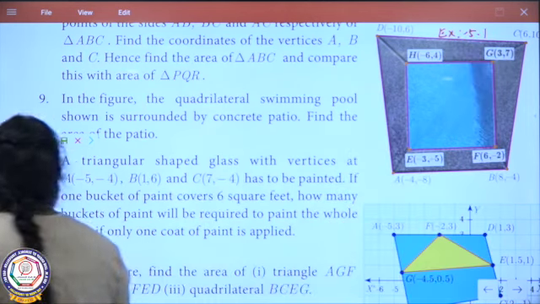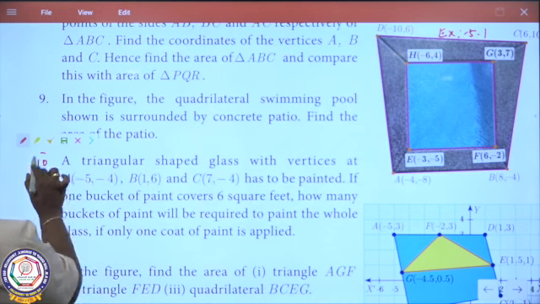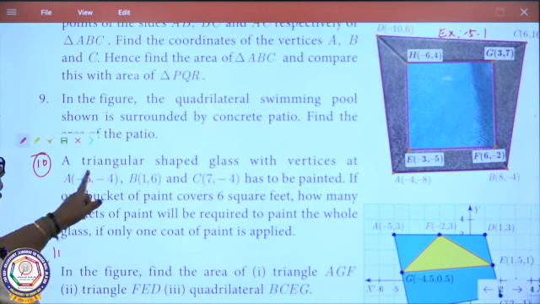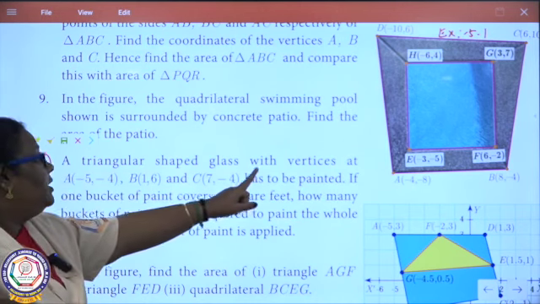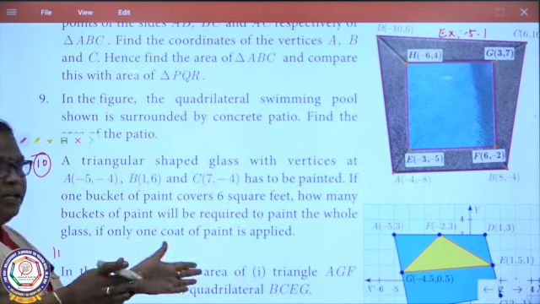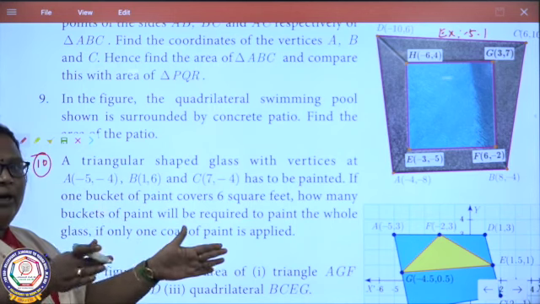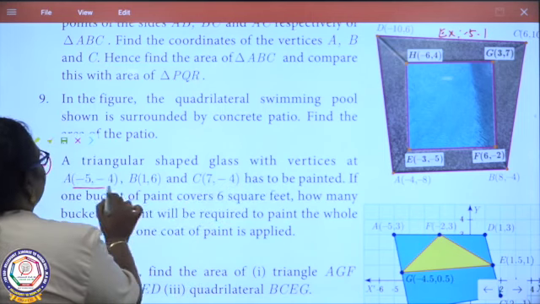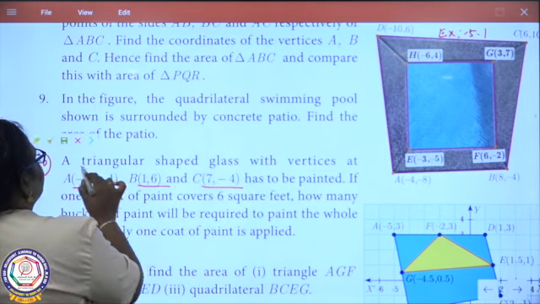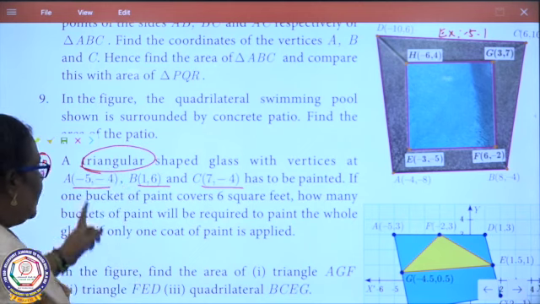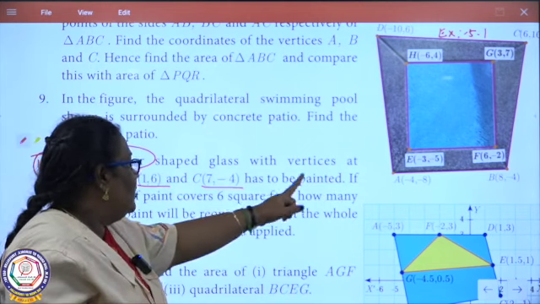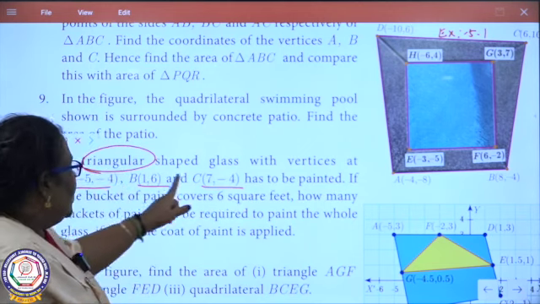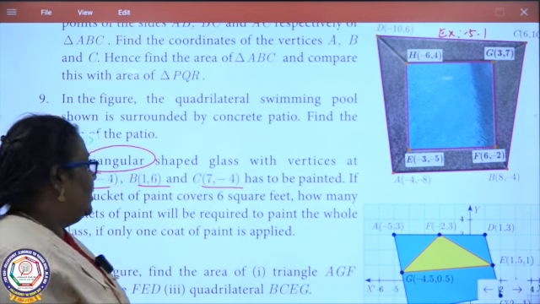This is the 10th sum. A triangular shaped glass with vertices. How many vertices are given? 3 vertices are given, so it is a triangular shape. A triangular shaped glass with vertices A, B and C has to be painted.